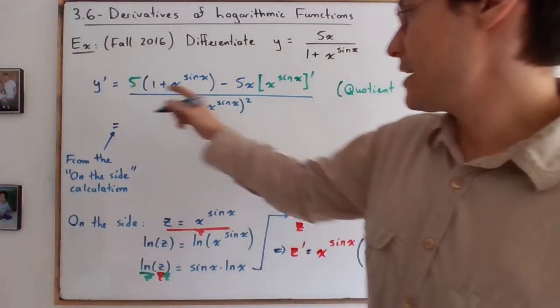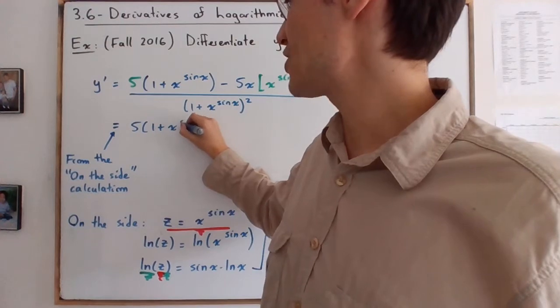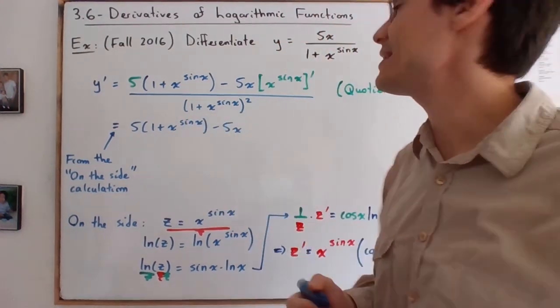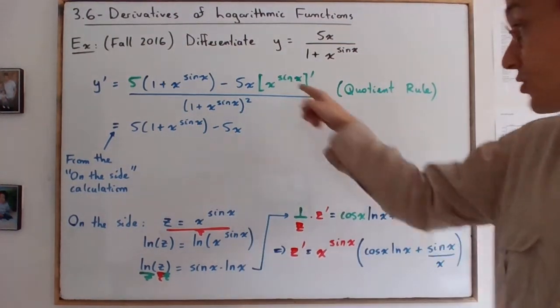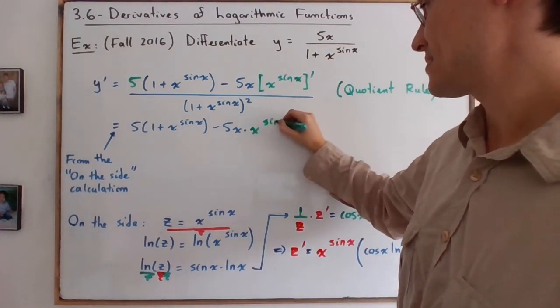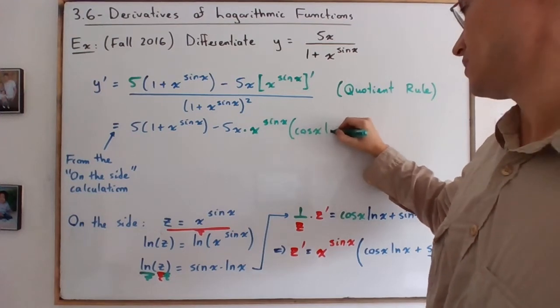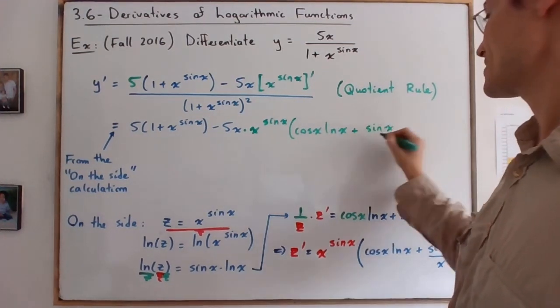And okay, so let's just leave in blue anything that doesn't change. So x to the sine of x minus 5x. And now here's the deal. You're going to replace this by the result. Okay, so this turns out to give you this. x to the sine of x multiplied by cosine of x ln of x plus sine of x over x.